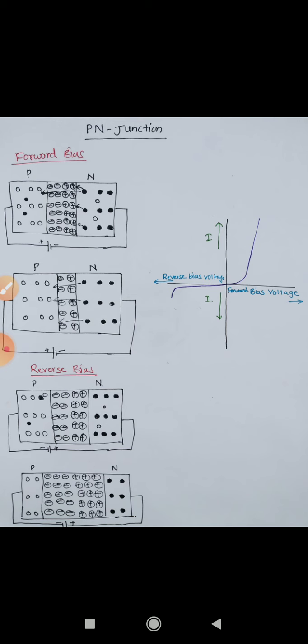When the PN junction is used as forward bias, it acts as a switch which is in on state, and when it is used as reverse bias, it acts like a switch which is in off state. And PN junction can also be used as a rectifier. Rectifier means which converts an alternating current to direct current. PN junction is also used in transistors which are used as amplifiers. Thank you.